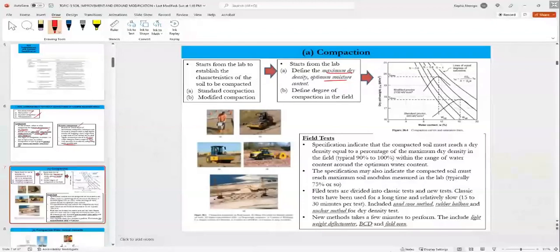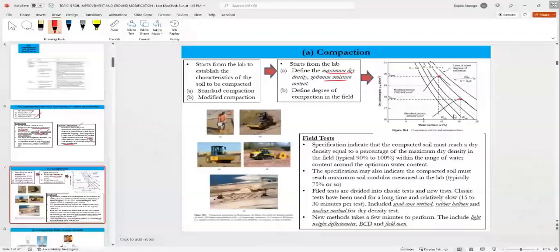So you define the maximum dry density and the optimum water content.